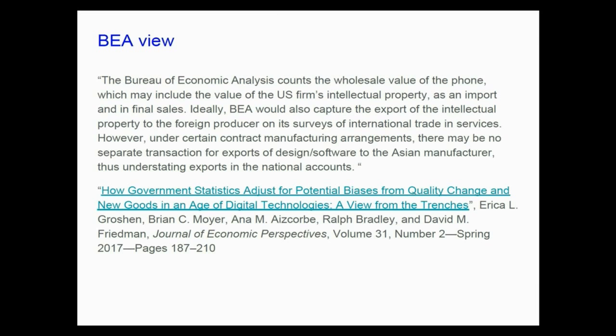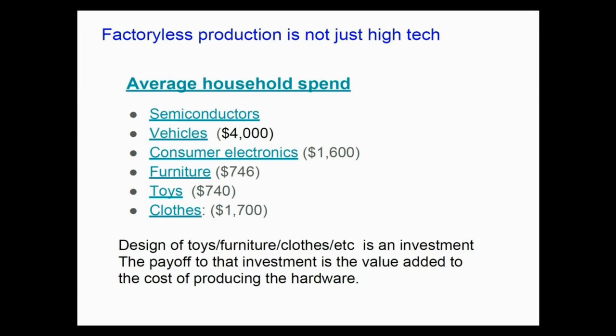And by the way, it's all the other gadgets too. It's not just the smartphones. It's the Amazon Echo and the Google Home, and everything else has this same structure. And in fact, if you look at average household spend, a huge amount of parts on vehicles are manufactured elsewhere. Well, that's fine. We can look at value added.